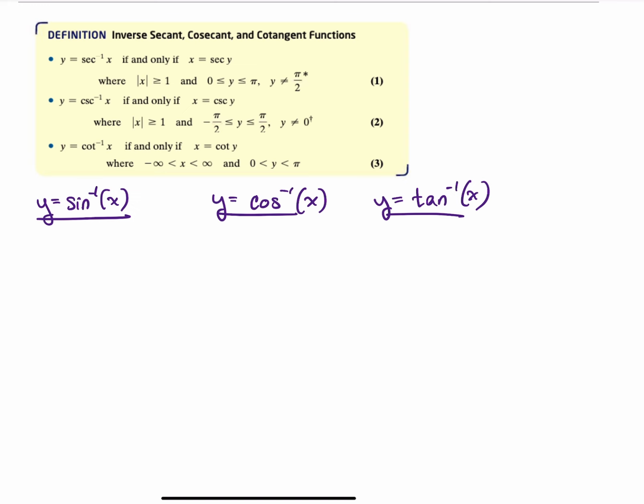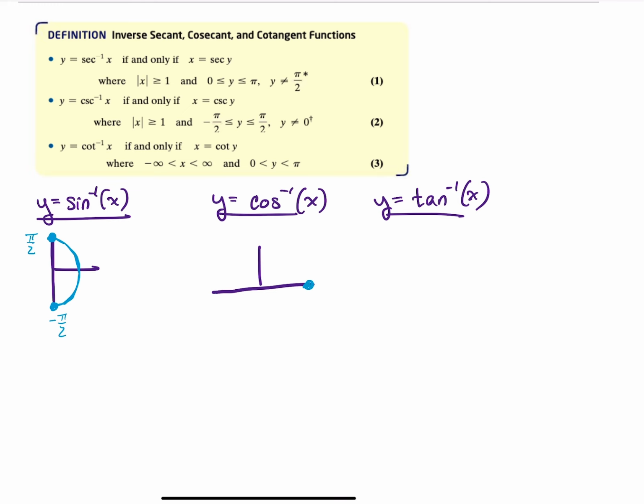The inverse sine function was restricted between negative pi over 2 and pi over 2. So the right side of the unit circle. The cosine was on the top half of the unit circle, so in between 0 and pi.